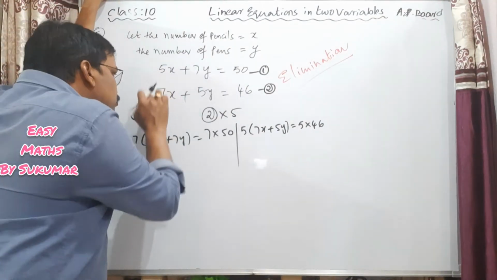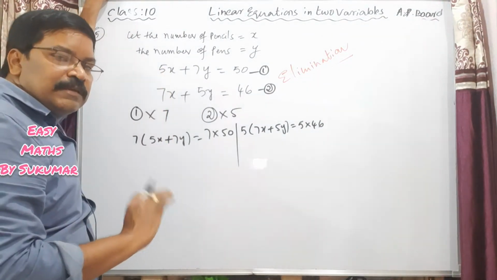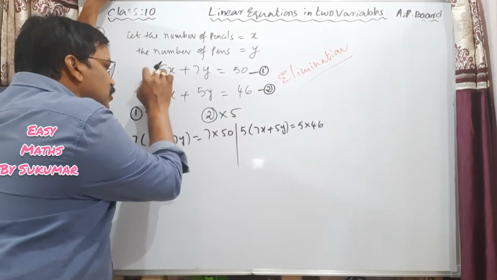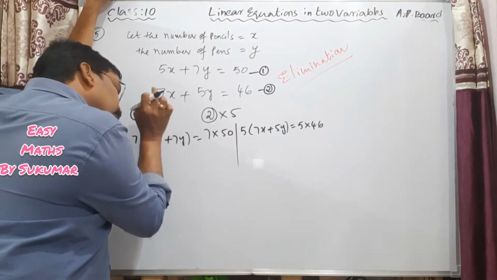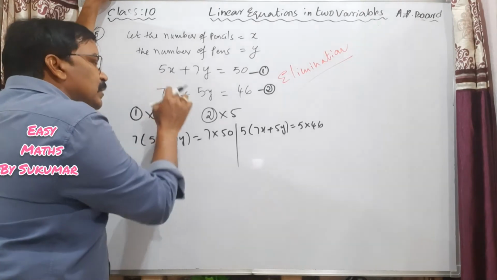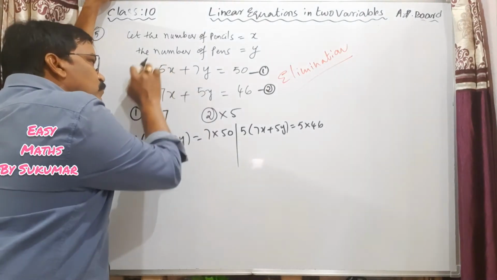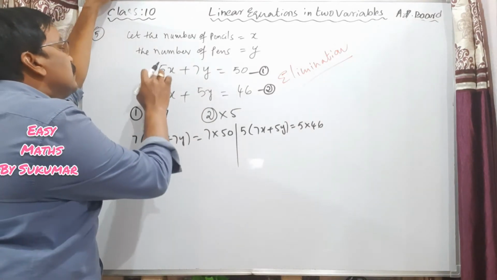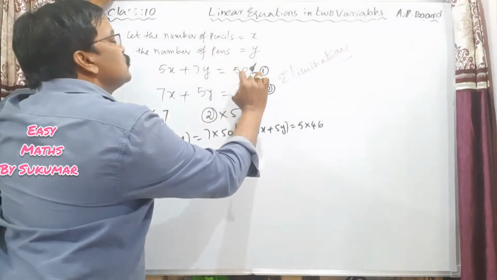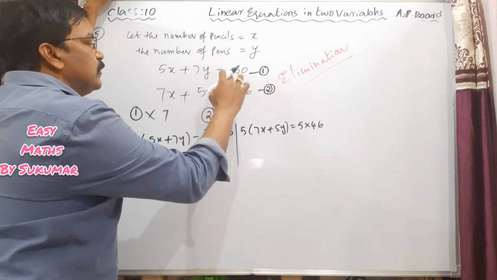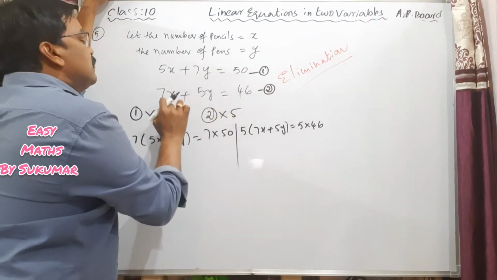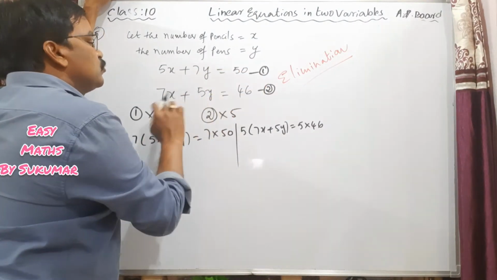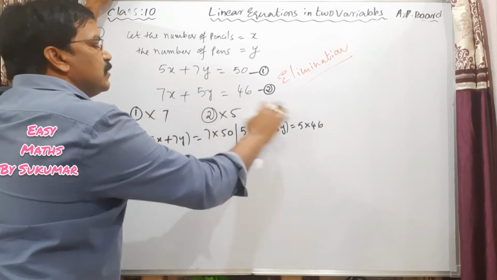To equalize these two coefficients, we multiply the first equation with the coefficient of x in the second equation, and the second equation with the coefficient of x in the first equation.